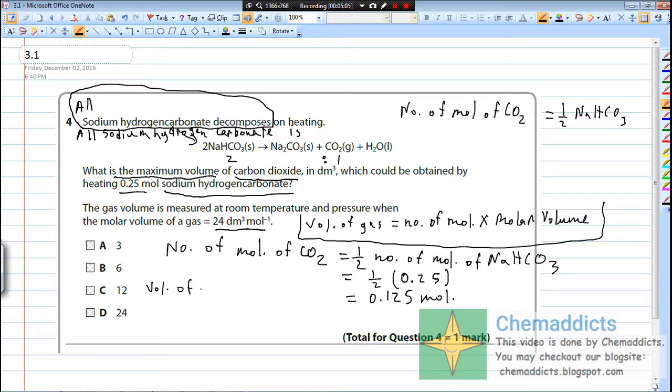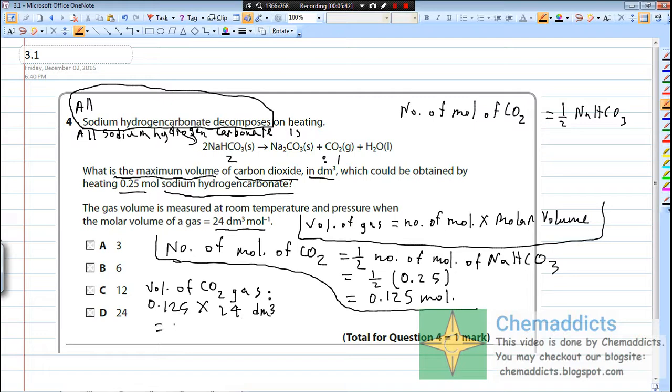The volume of carbon dioxide gas would be equal to the number of moles, which is 0.125 in this case, multiplied by 24 dm cube. They have asked us to find it in terms of dm cube, so we will use 24 dm cube, which will give us 3 dm cube.